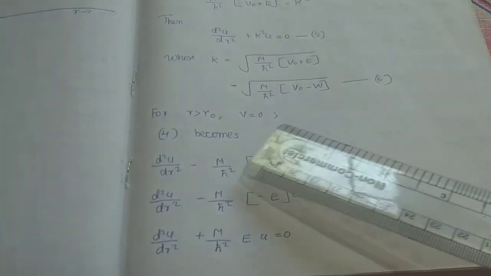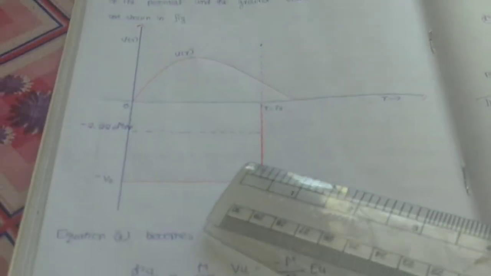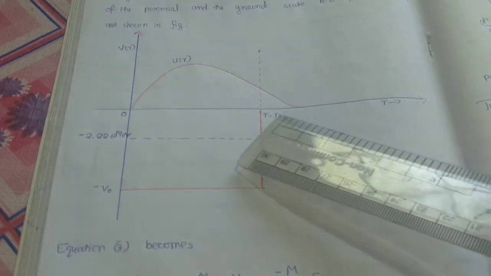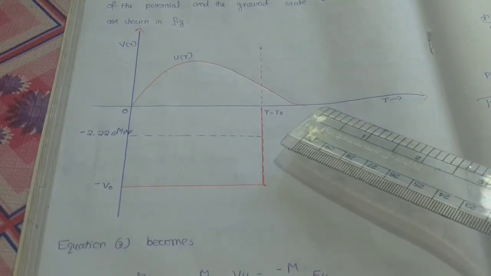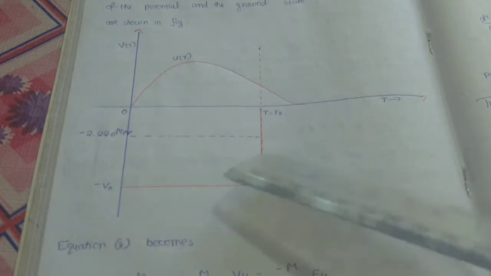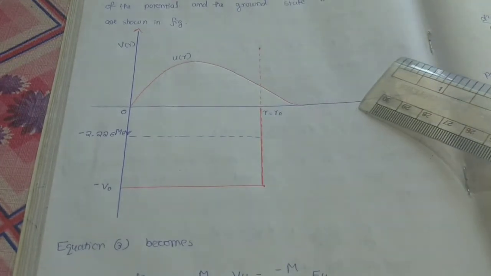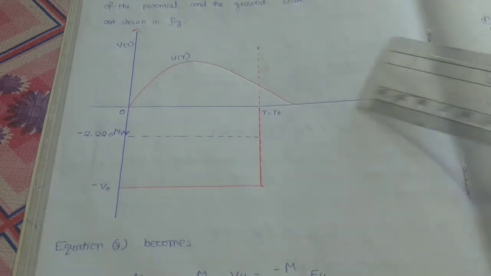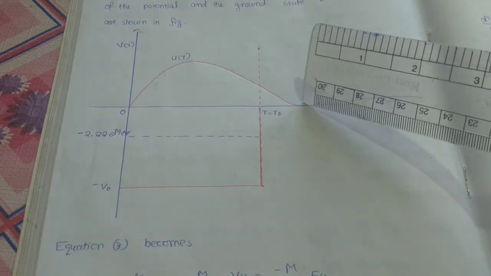For r greater than r0, V is equal to 0. It is clear from the figure. This is the boundary and here is the region r greater than r0. For this region the potential is 0.